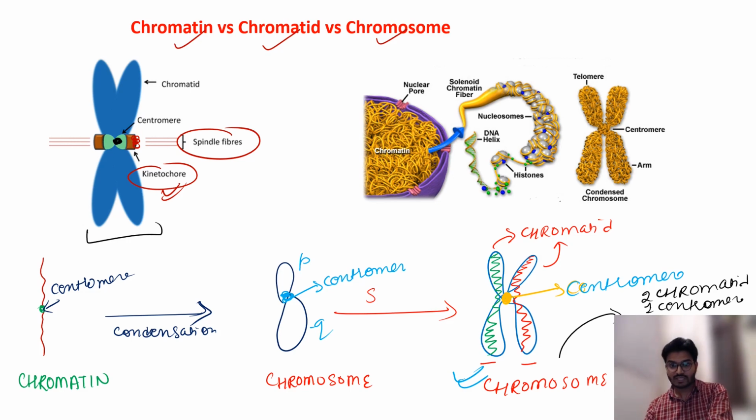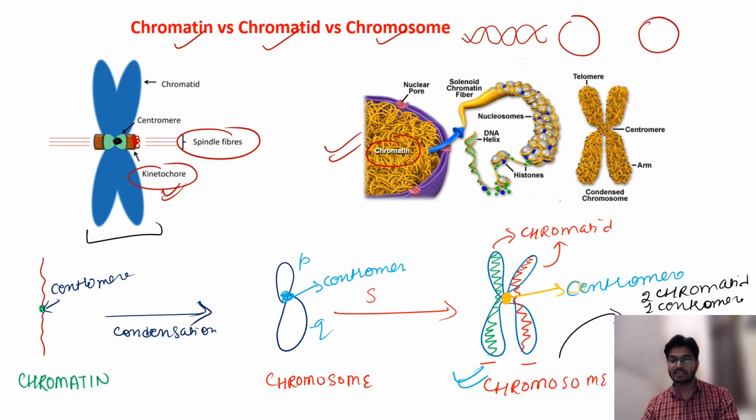In this image, initially the DNA is a thin thread-like structure, that is the chromatin. What is the condensation process? If I just show you, this is the DNA, and we have the histone octamer. Multiple octamers are there.